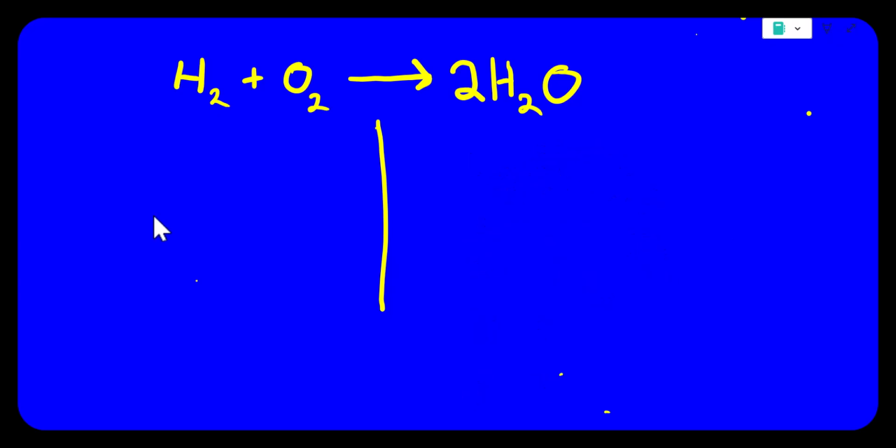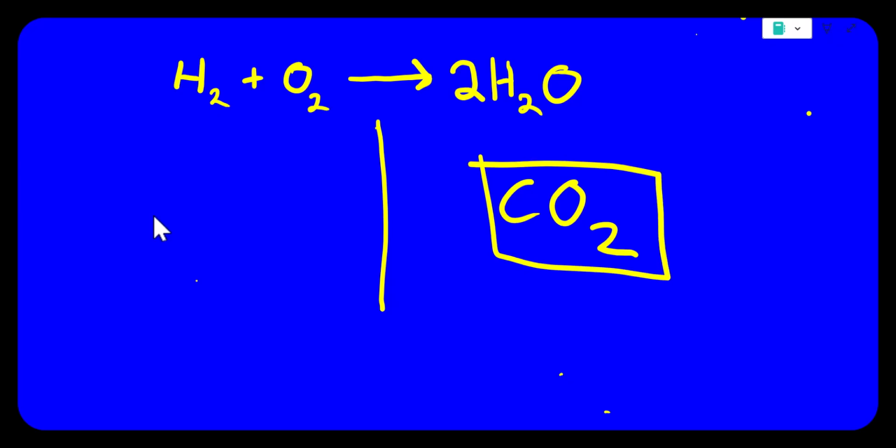Let's look at another example of carbon dioxide, CO2. What we are looking at is a molecule that has a carbon and an oxygen in it. There's 1 carbon and there's 2 oxygens to start out with. If we put a coefficient of 2, the coefficient is distributed throughout the molecule.